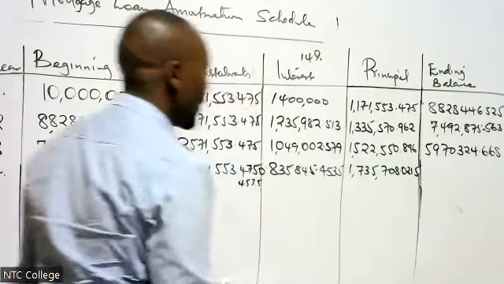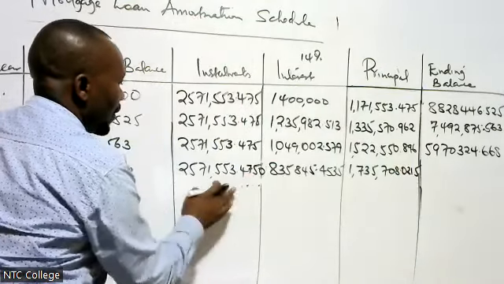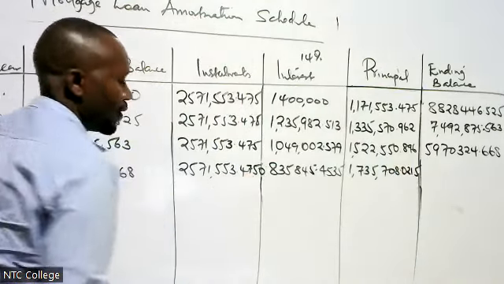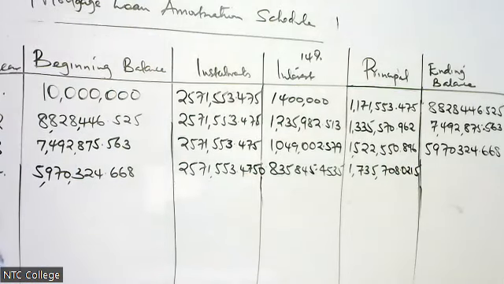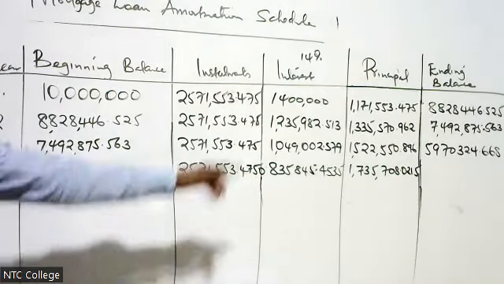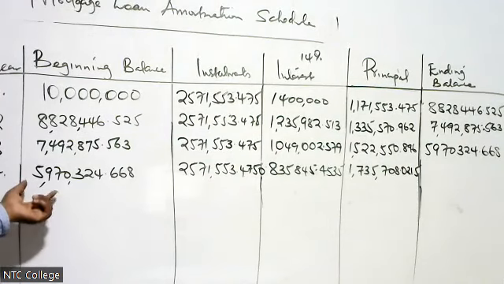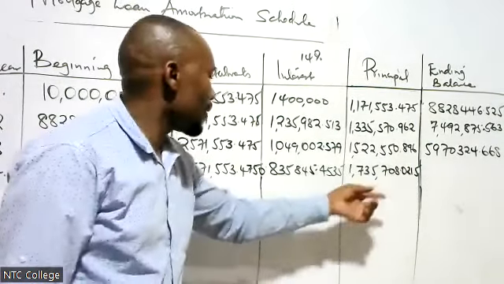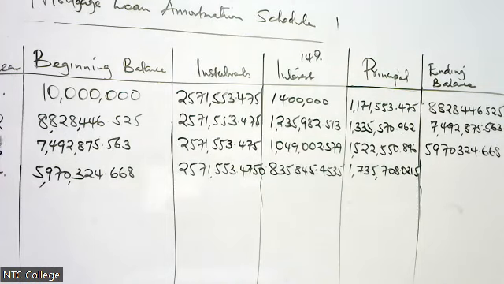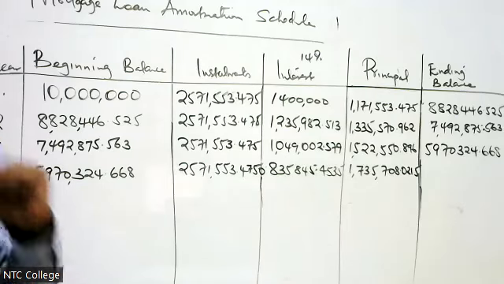So, sivyo ndio hesabu inakwanga. Haya, get me the final figure. Now 5.9 minus 1.7. So that should be 4.2. Okay, excuse.